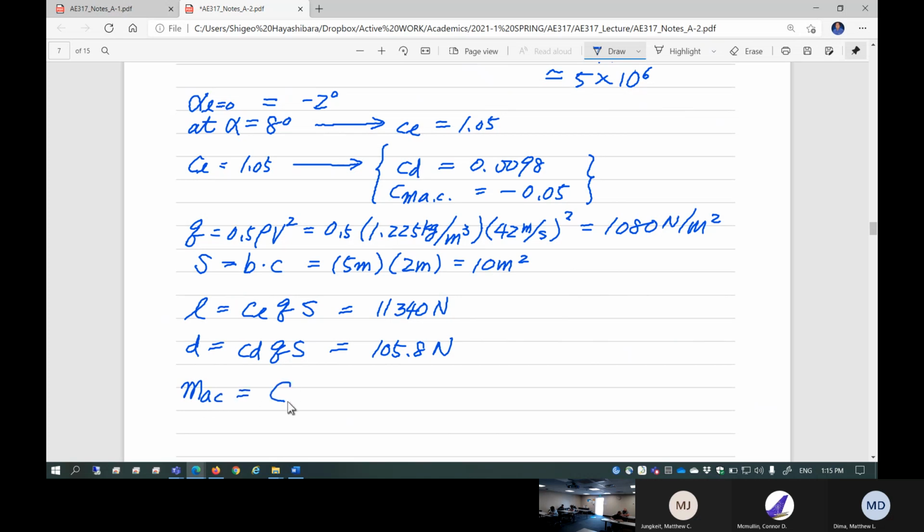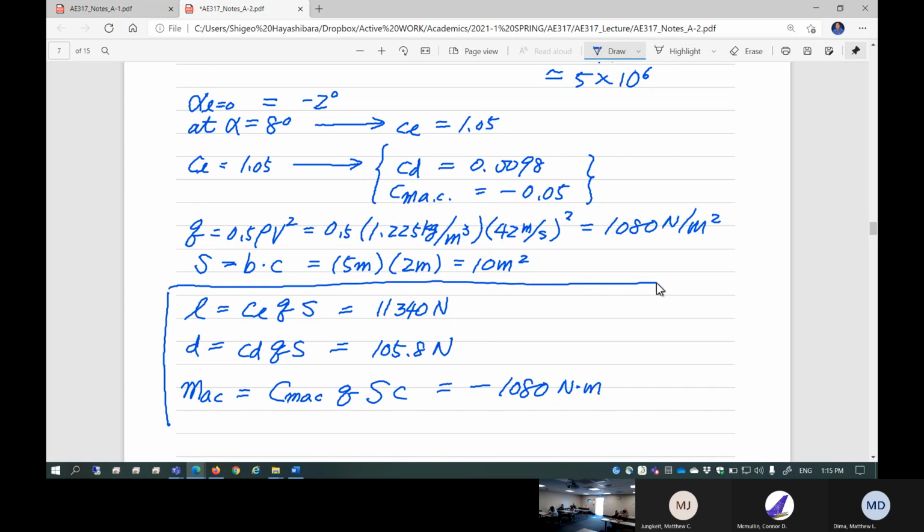This is CMAC Q S times C, so this is going to be negative 1,080 Newton meter. Those are the values you can get out of this test: lift force, drag force, and moment measured at the aerodynamic center.